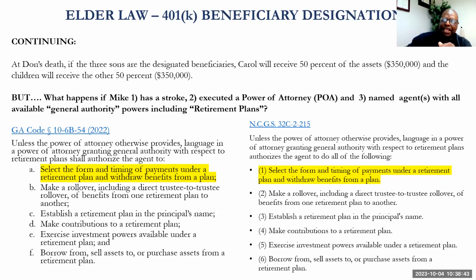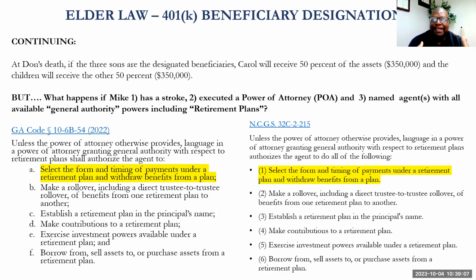So nothing's changed with the form. The form can say all to my 3 sons, all to my wife, 50% the wife, 50% the kids, or whatever I want on the form. But the actual cash, the POA on the general powers, when I gave all of the above, that actually does allow me to take out and withdraw.